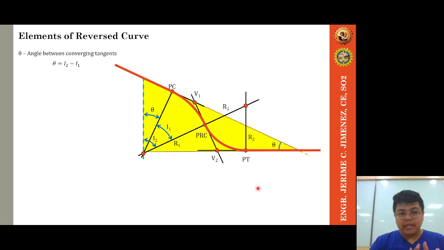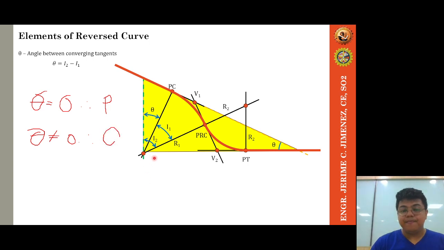How? If theta is equal to 0, therefore, the problem is parallel. If theta is not equal to 0, therefore, the problem is converging. Again, if theta is equal to 0, therefore, the problem is parallel tangents.